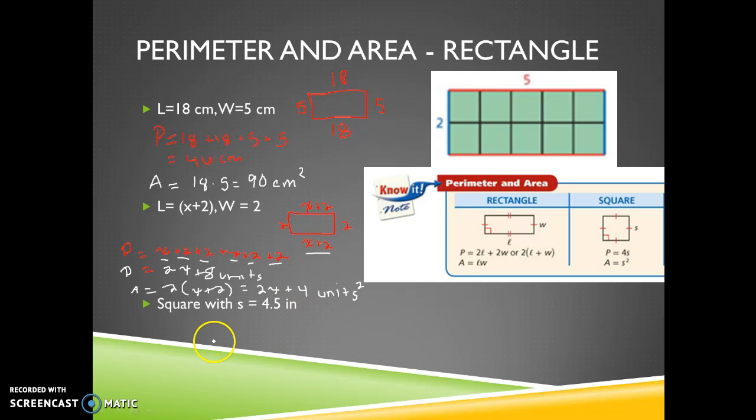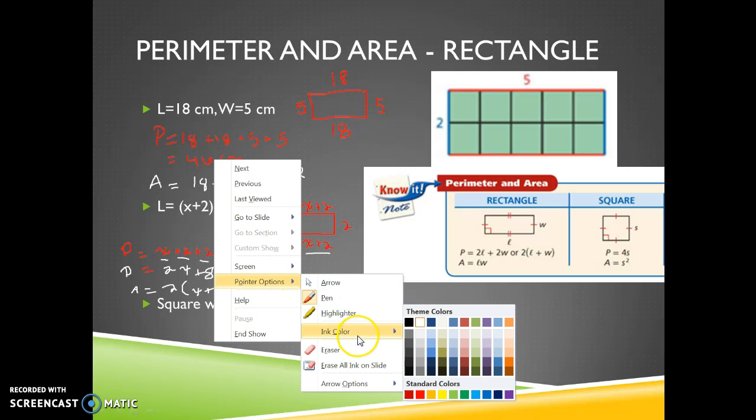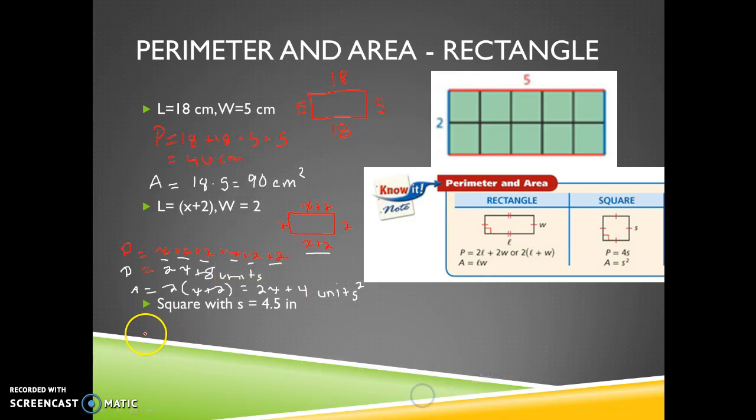Now on the bottom here, they are showing us a square. So the special situation with a square is that, yes, it's a rectangle, but all of the side lengths are the same. So it's telling us that one side is 4.5, which means all of the other sides all the way around are also 4.5. So to find the perimeter, we essentially would do 4.5 plus 4.5 plus 4.5 plus 4.5.